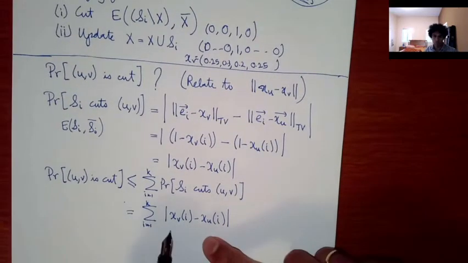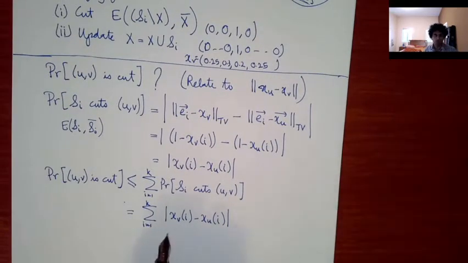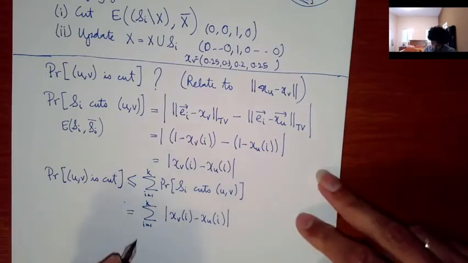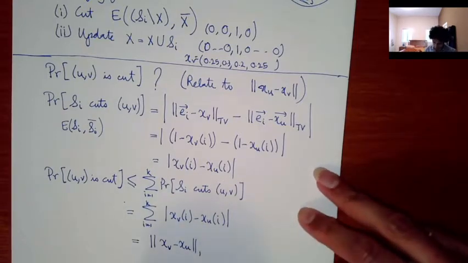I have two vectors, XU and XV. I look coordinate by coordinate. I take the differences in absolute value. What norm is this? This is the one norm, exactly. But it is twice the total variation. Exactly, this is twice the total variation distance.